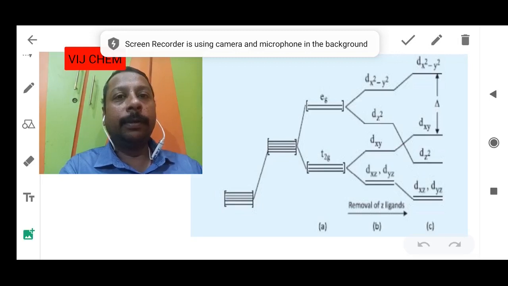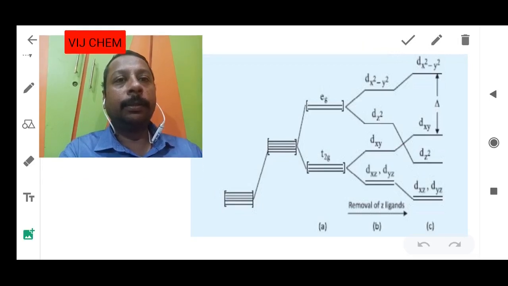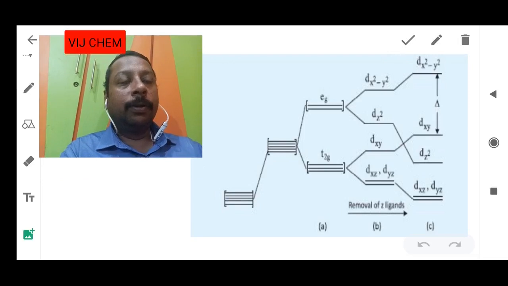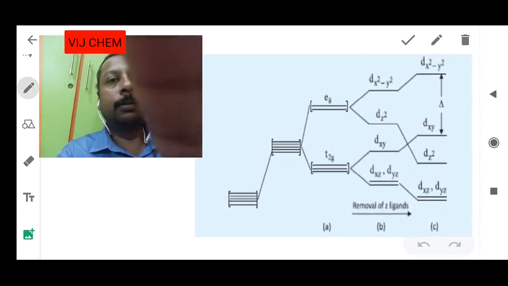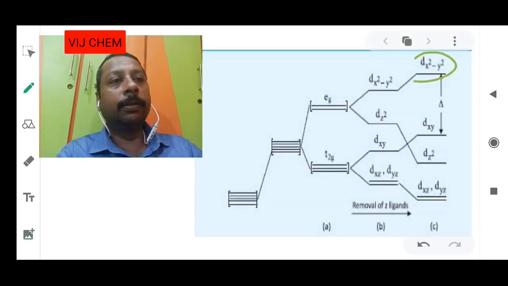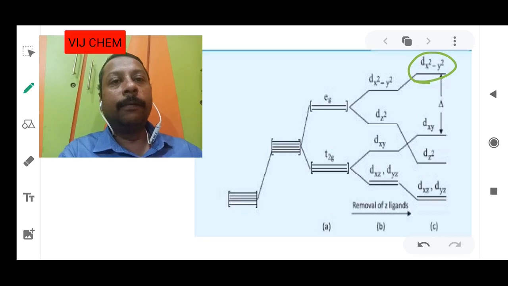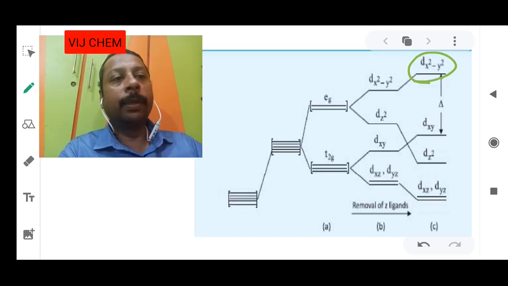Okay, ready? Now here comes the total. How many sets now? There are 4 sets. The highest problem is with dx square minus y square. Why? Because all the 4 ligands are approaching directly onto dx square minus y square, and nearby approach to the dxy.